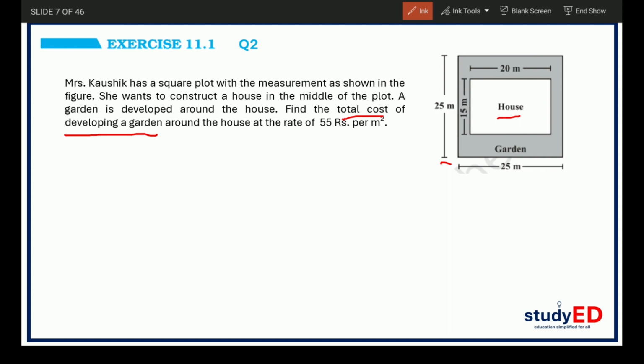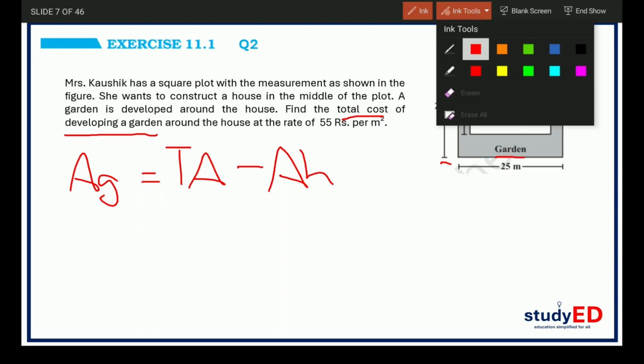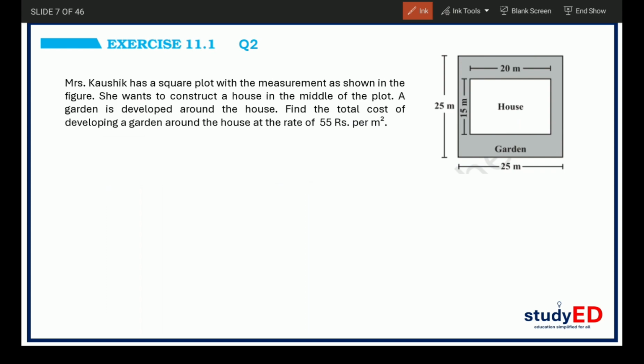Well, if we infer from the figure, we can see that the garden is the remaining space between the total area and the house. So the area of the garden is equal to the total area minus the area of the house, because the garden is the remaining area. So that works, right? In that case, let's calculate the total area and the area of the house.